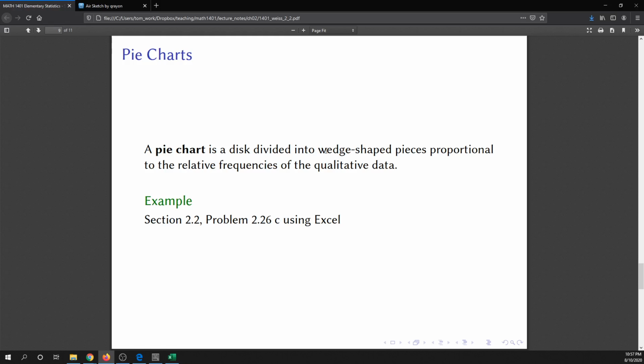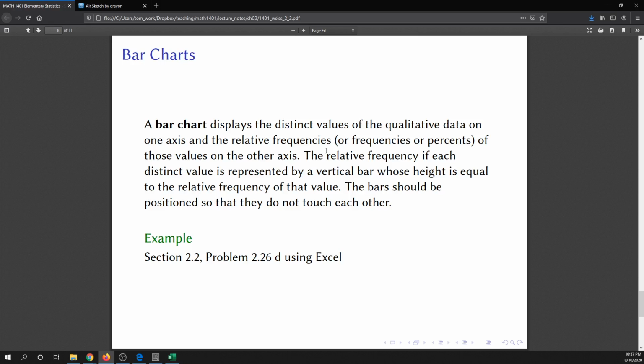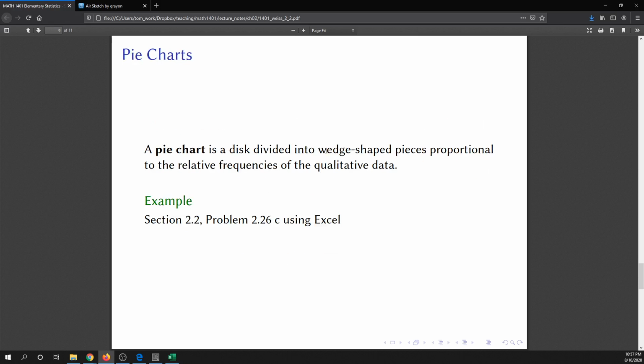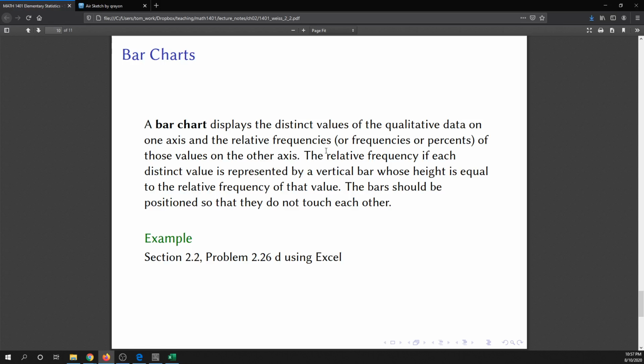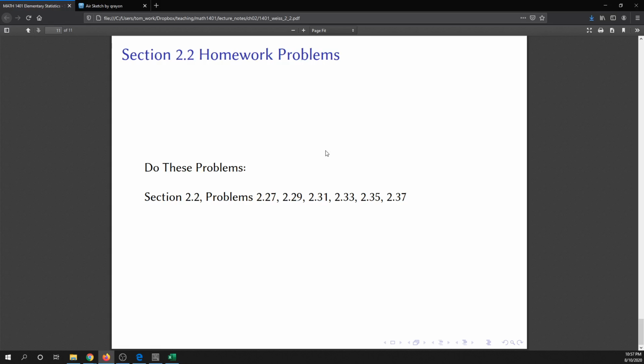It's just way easier to have a computer draw these charts out. That part is optional, not that it's not important, but the way this class is structured, I'm not going to ask you to do that. But later on, if you're in your major, you very well could be generating pie charts and bar charts for qualitative data.